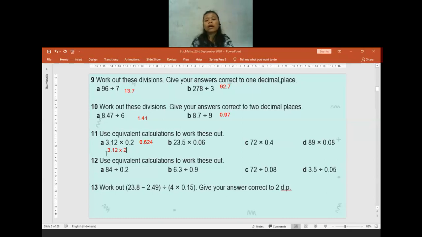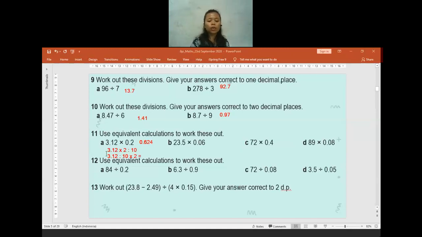It is the same thing as multiplying the number by 2 and then dividing the result by 10. Or if you get confused, you can do the division first. So you can solve 3.12 divided by 10 and then multiply the result by 2.